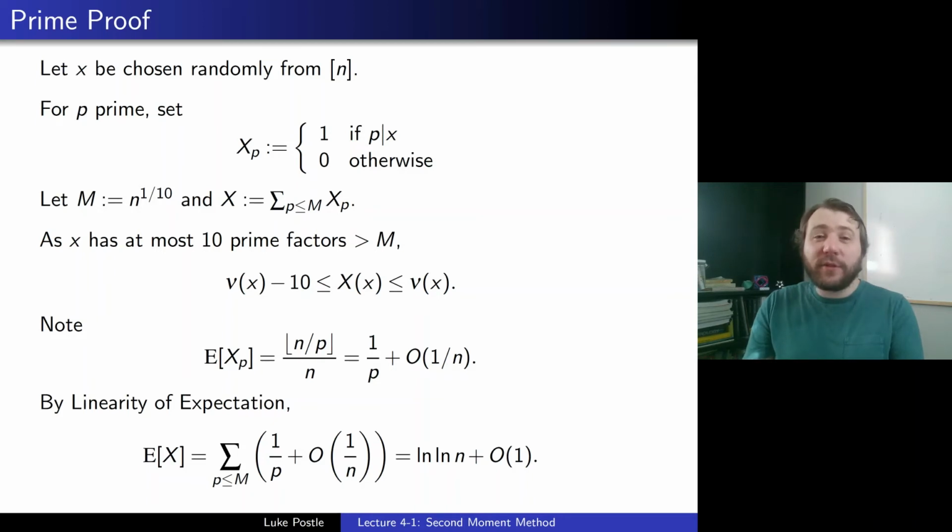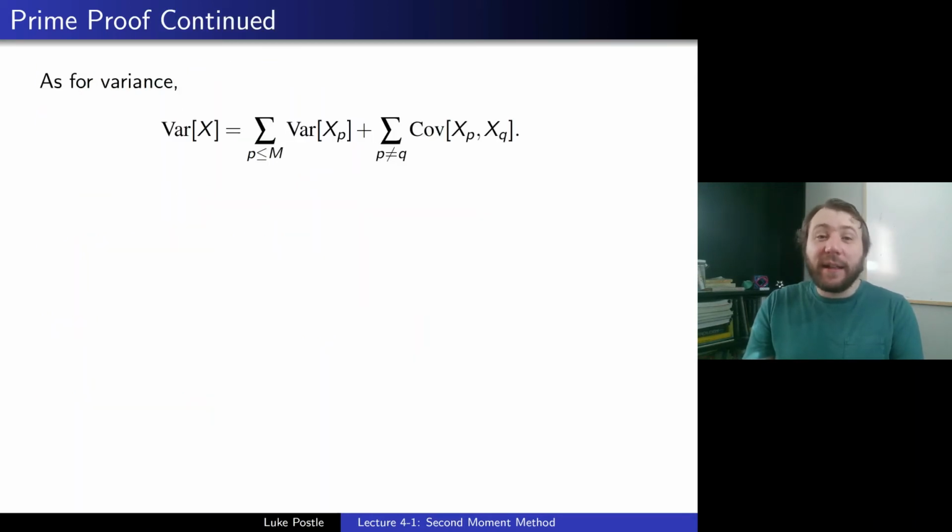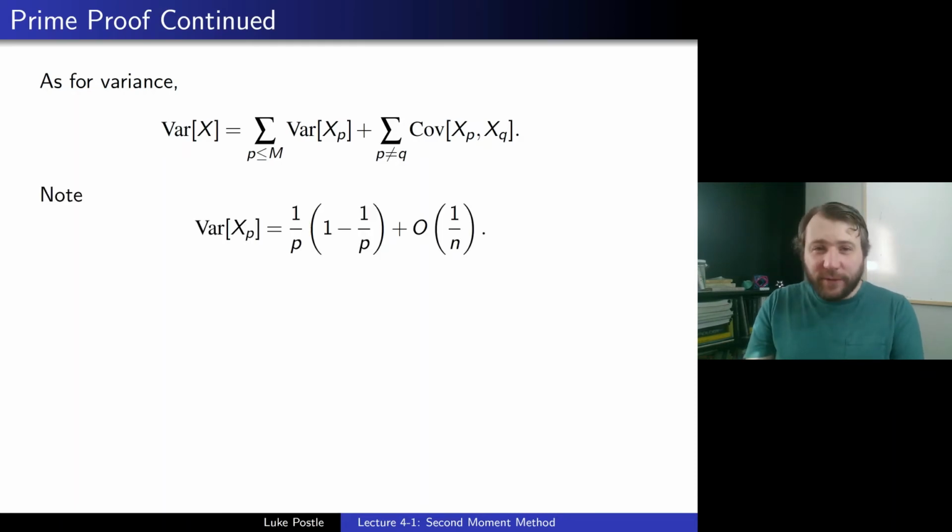Now we'll turn to calculating its variance. As for the variance of X, we know from our formula, since it's the sum of indicator random variables, that it is the sum of the individual variances of X_p, plus the sum of the covariances of X_p, X_q. So what are these individual variances? Well, note that the variance of X_p is essentially 1/p times (1 − 1/p) plus O(1/n). Why?